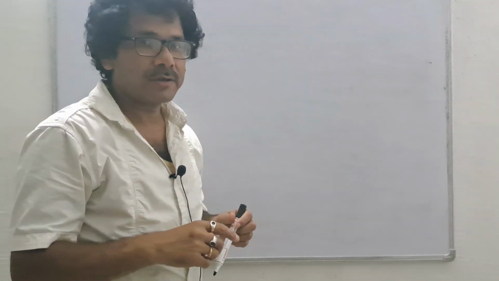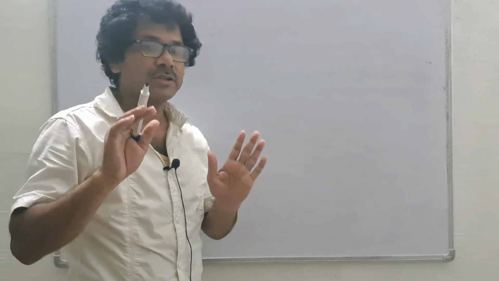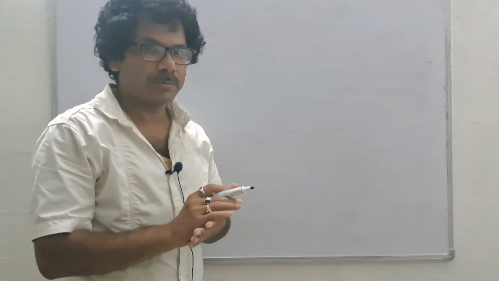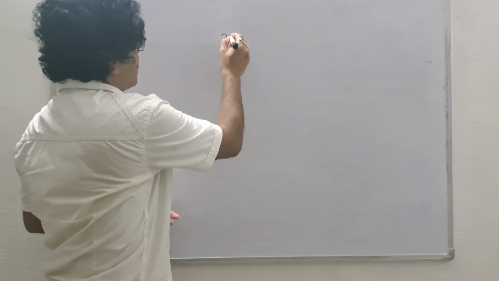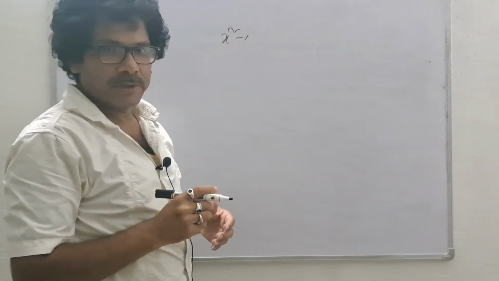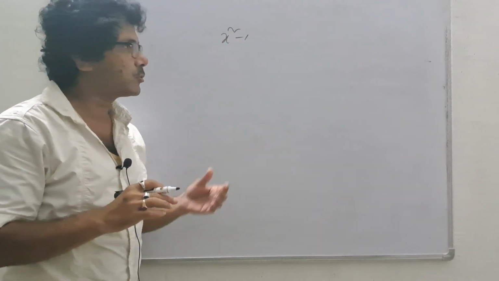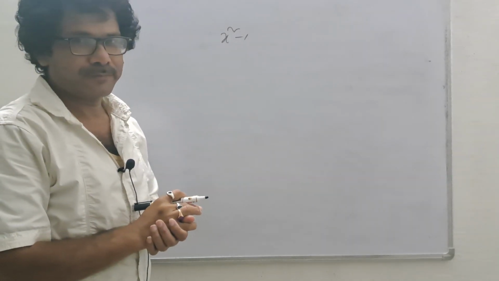Today we'll learn how to find the zeros of a polynomial. This is a polynomial and we have to find out the zeros of the polynomial.